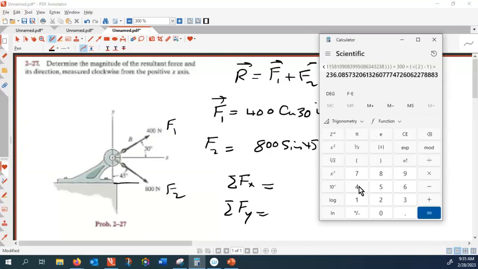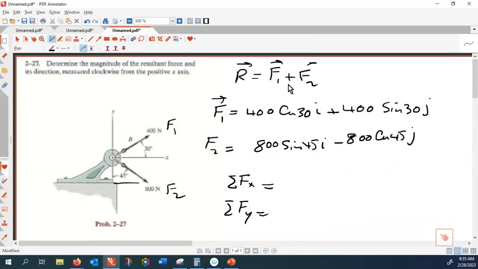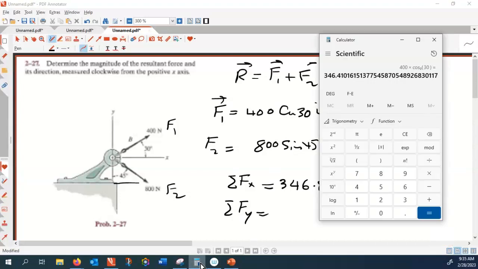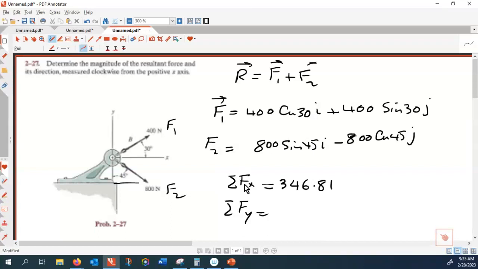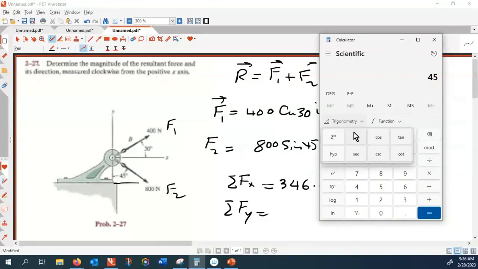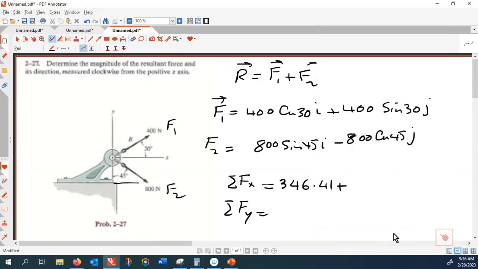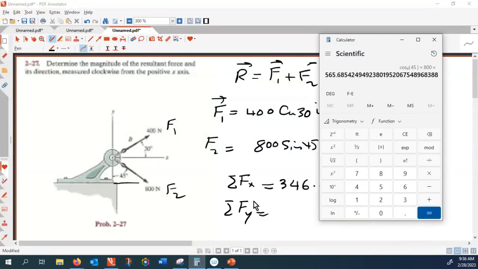So 400 times cos 30, that is 346. And the second one is plus 800 cos 45, that is 565.68.